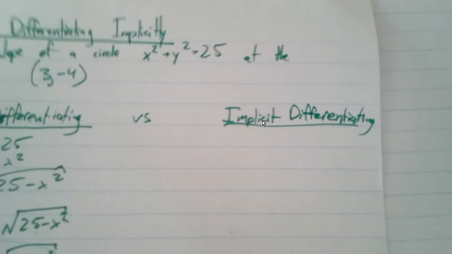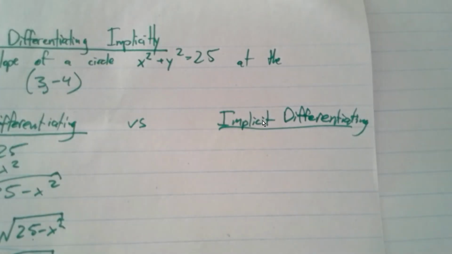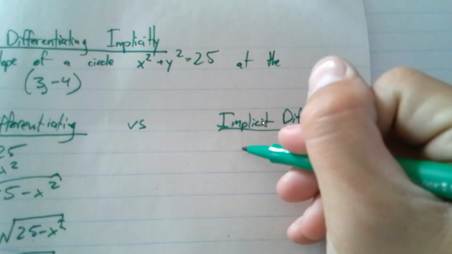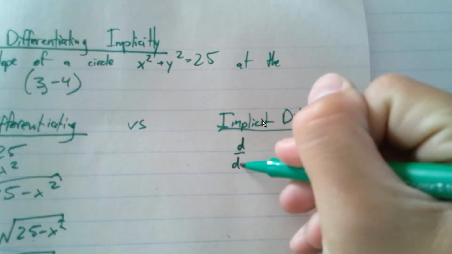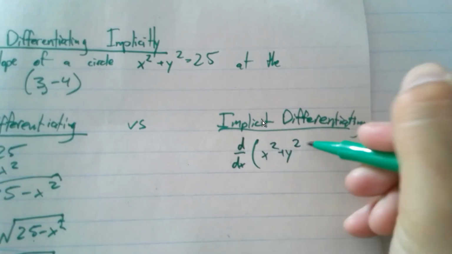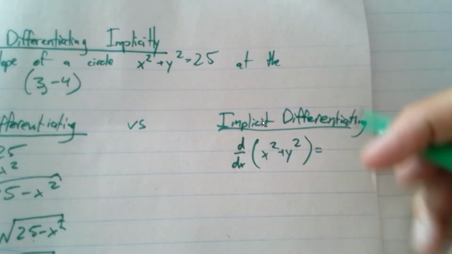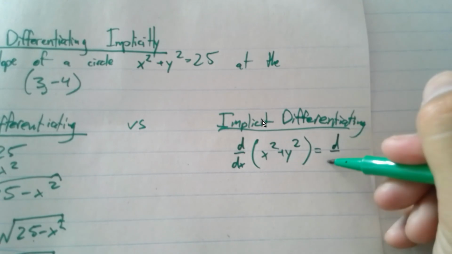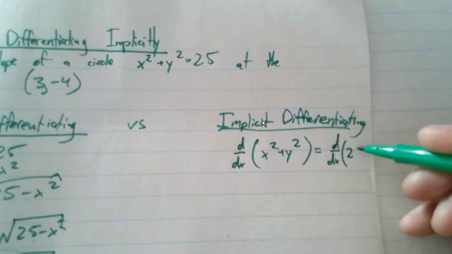So another option is to take the derivative implicitly, which I think one or two groups did, which is very impressive. Just want to make sure I do this right. The other way of doing it is this: you just take the derivative right away of the whole thing. x squared plus y squared is equal to 25, and technically you take the derivative of both sides.